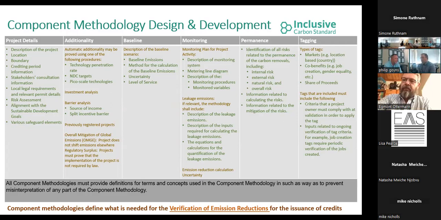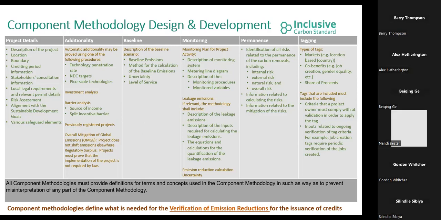The permanence component methodology is specifically related to land-based projects. And this is how you show whether there is permanence in that project. And then the last component methodology type there is related to tagging.